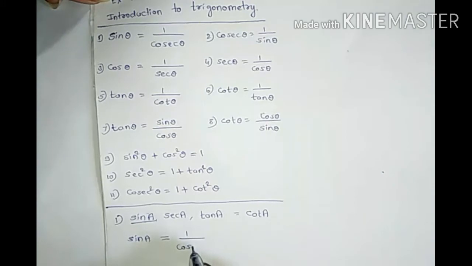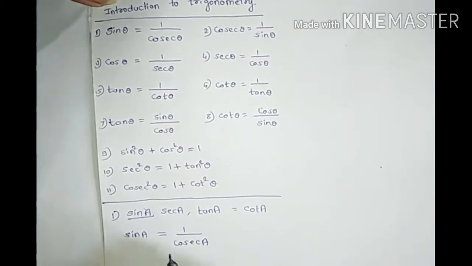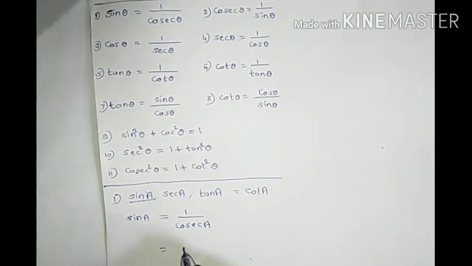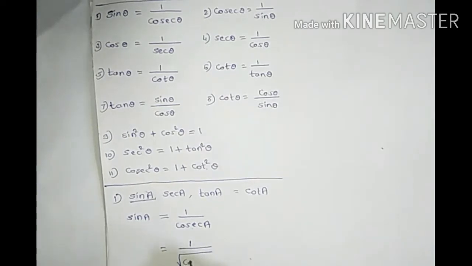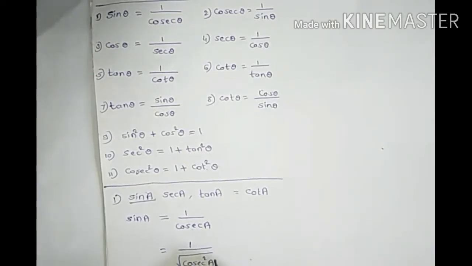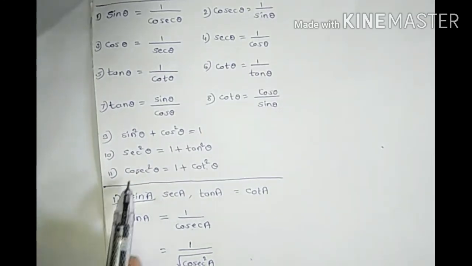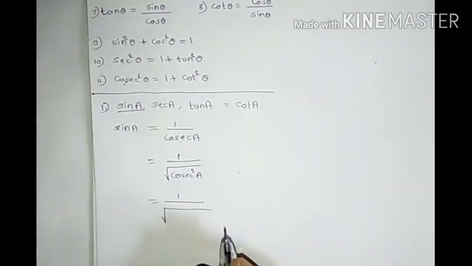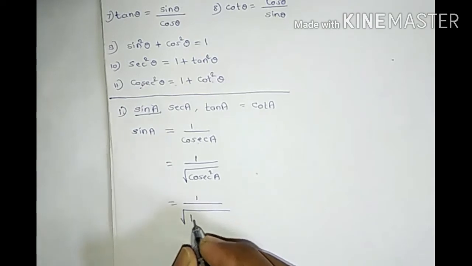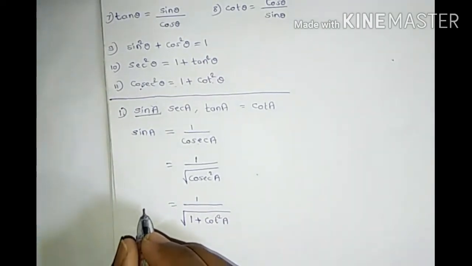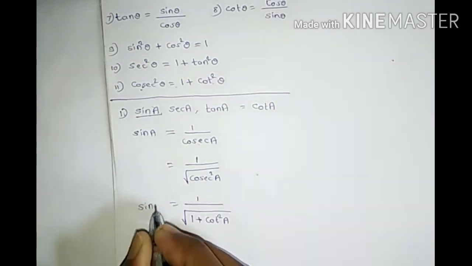We will write it as 1 by cosec A. Take square root for this, square root of cosec square A. Now use the 11th identity, that is cosec square theta equal to 1 plus cot square theta. So write 1 plus cot square theta in the place of cosec square A. Now sin A is represented in the form of cot A.